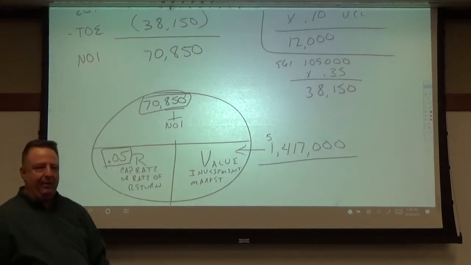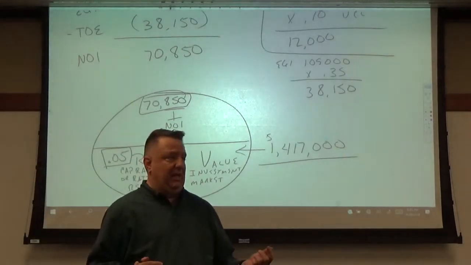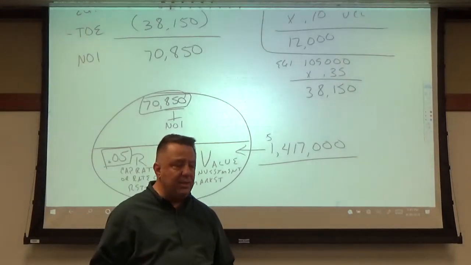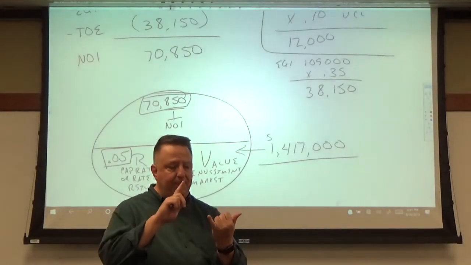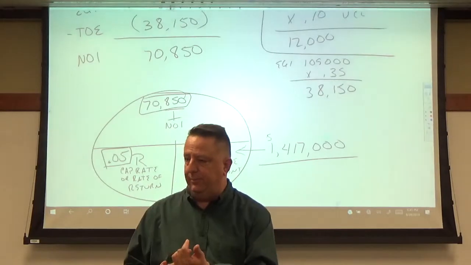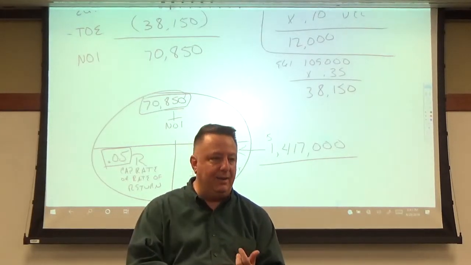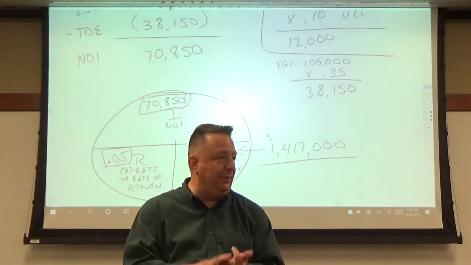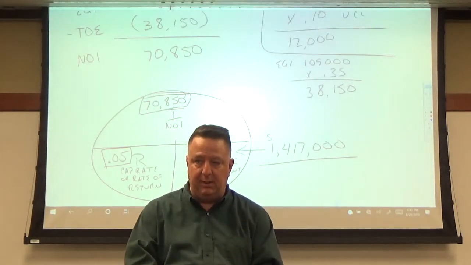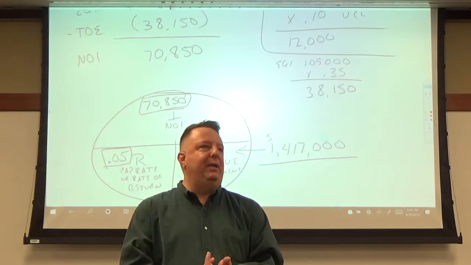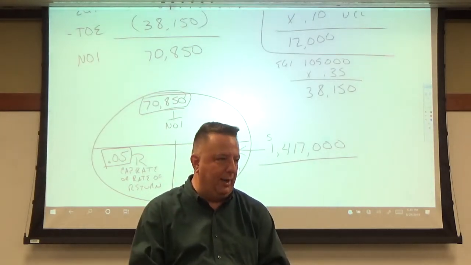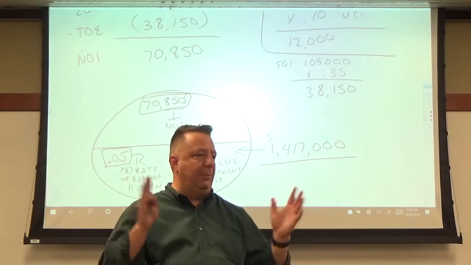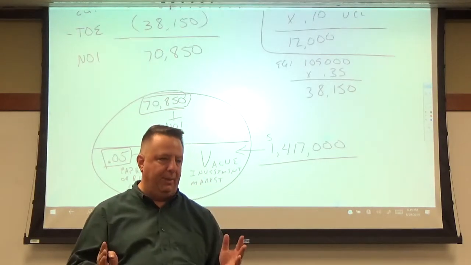But in a bad area of town, you might say, this place has a lot of risk because, number one, I may not get tenants. I may not get tenants I like. I may not get tenants that are able and willing to pay the rent on a monthly basis. I may be afraid to even go to the property to collect the rent because of all the problems and issues surrounding the property.